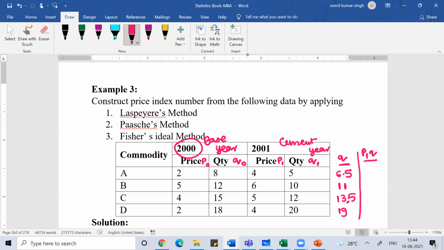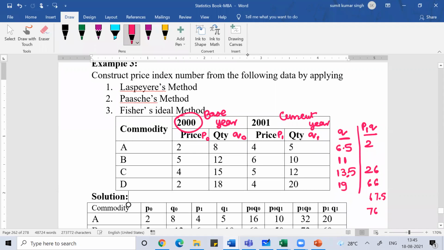So what is P1 Q? P1 Q will be 6.5 into 4, that is 26. 11 into 6, 66. 13.5 into 5, that is 67.5. 19 into 4, this will be 76.